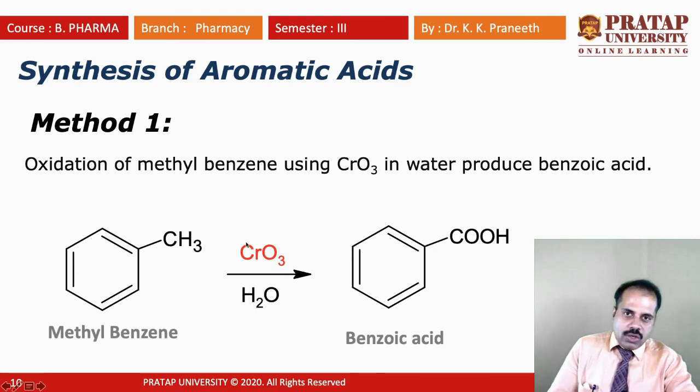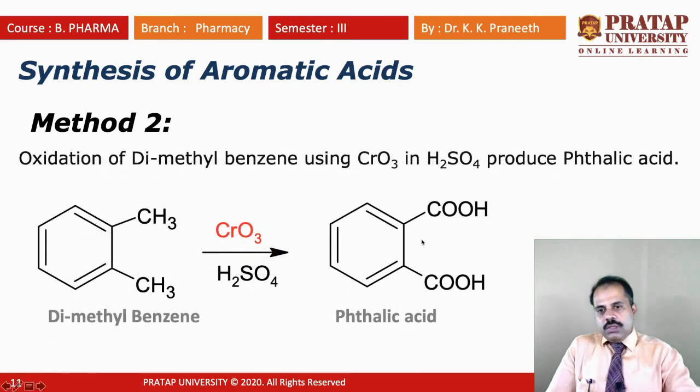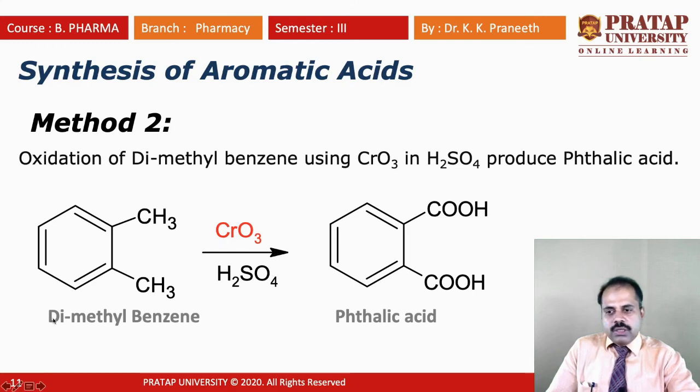Chromium trioxide is a very strong oxidizing agent. Second method, we can also make the same reaction, but instead of water, if you add a more powerful acid like sulfuric acid, you can even oxidize 2 CH3 groups, dimethyl benzene, and you can get phthalic acid, with 2 COOH groups.